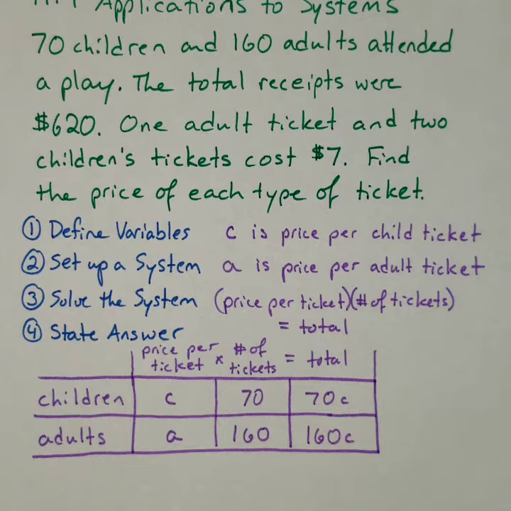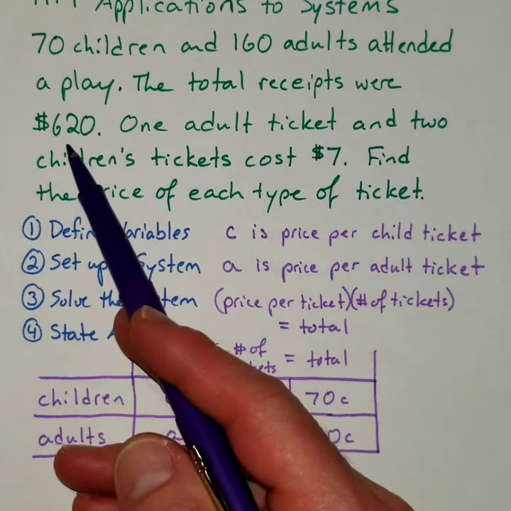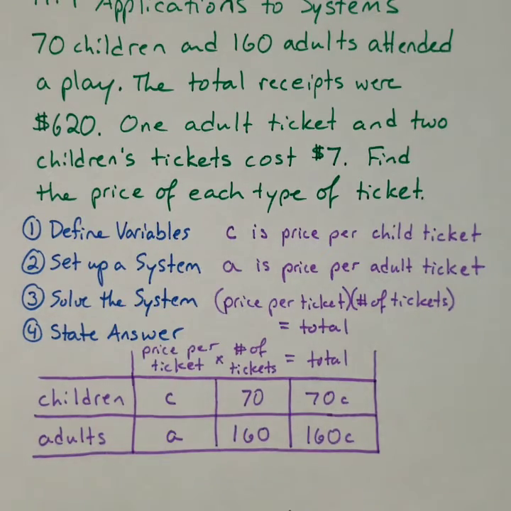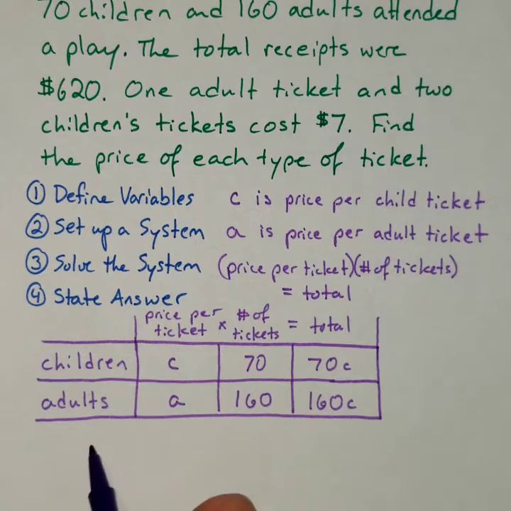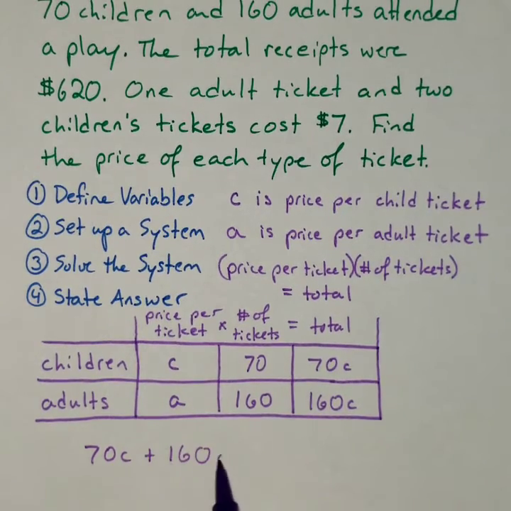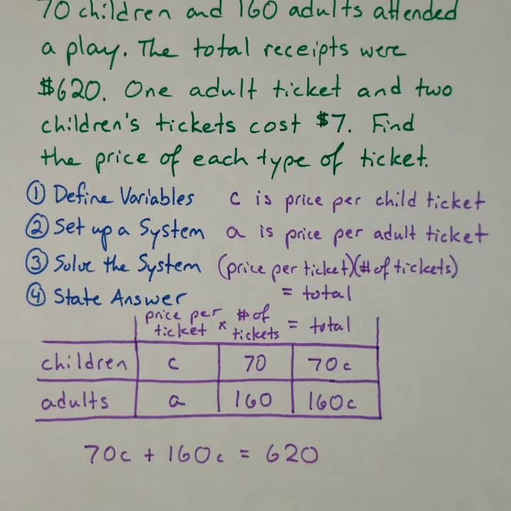That gives us the total receipts. If I take the total spent on children tickets and the total spent on adult tickets, it should give me the final total receipts, which were $620. So if I add those together, 70C plus 160C should equal $620. That's one of the equations in our system.